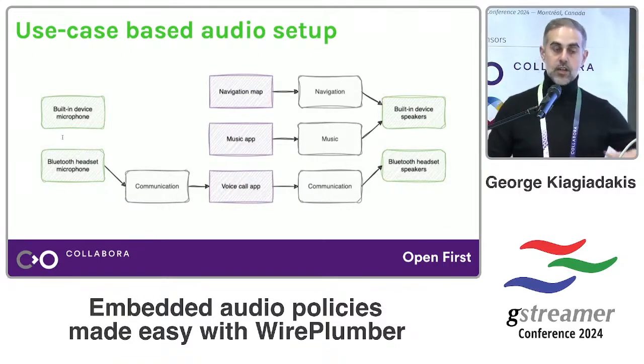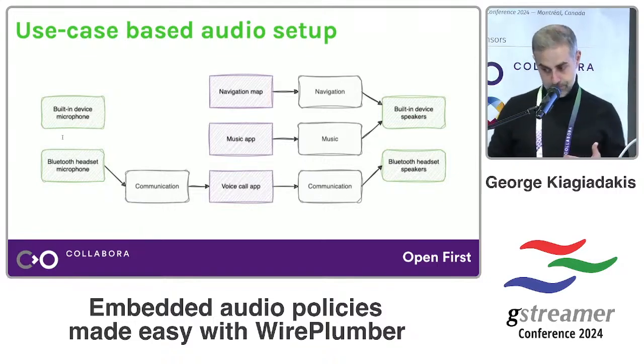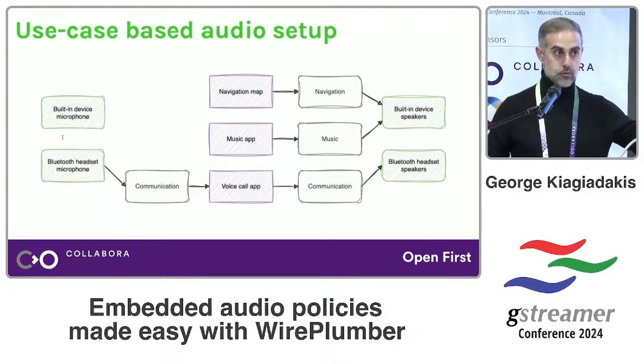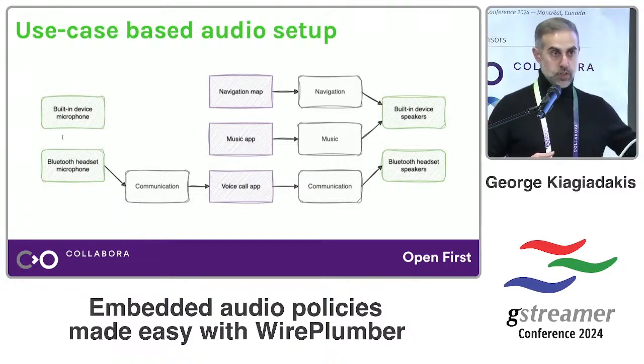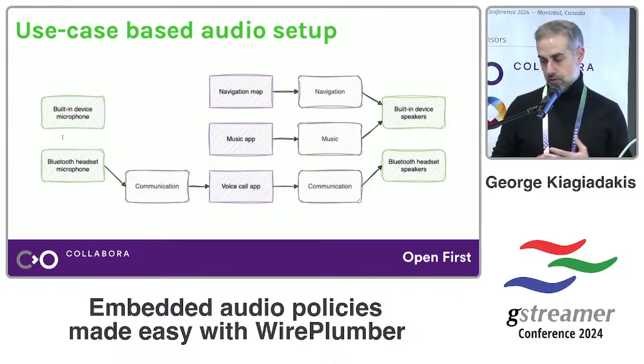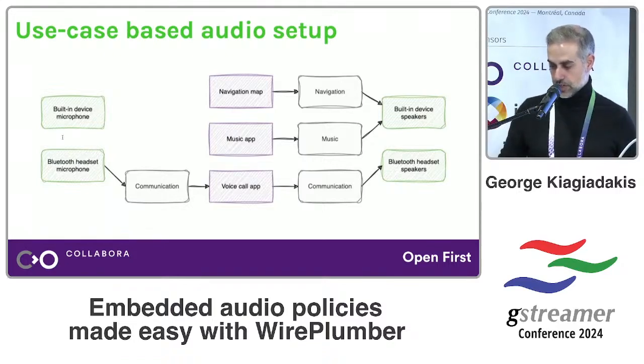And then, based on that role, the applications will link to a different device with a specific set of rules. And the device where they will link could depend on the use case or the role, or it could be something configured for the entire system as well if there is only one choice.